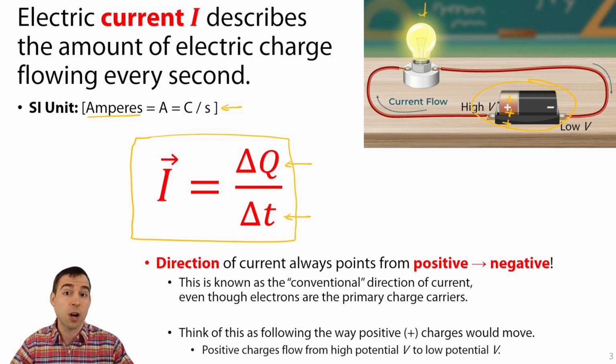Those positive charges will want to move through the circuit, powering the light bulb until they can recombine in the end with all the negative charges at the low potential end of that battery. So in other words, current always measures the motion of positive charges. Even though electrons are negatively charged and they're the primary charge carriers in most systems, the conventional current is labeled to be the direction of positive charges.